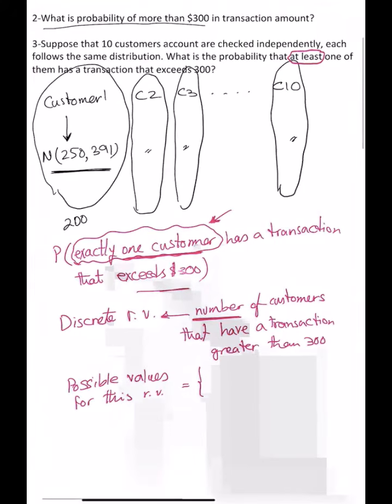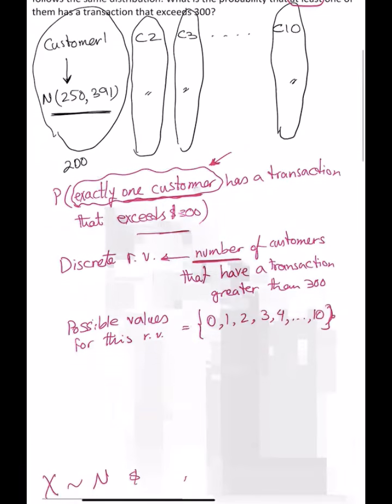What are other possibilities? None of them. None of them, one of them, two of them, three of them, all the way to all of them. So these are all the possible values that this random variable gets.